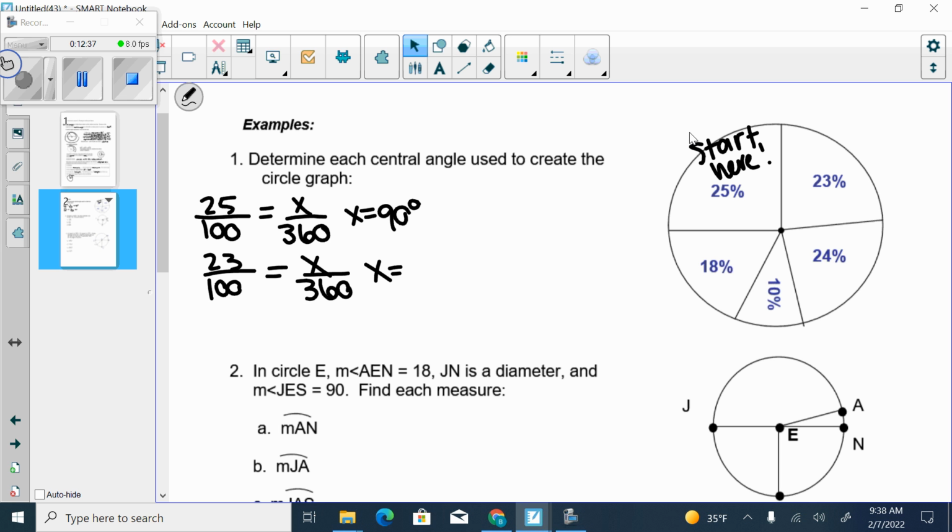Good. 82.8 degrees for that central angle. All right, next piece we've got 24. So this is 24% out of 100%, and we want to know how much that is out of 360 degrees. So again, we just cross multiply and solve here. Good.